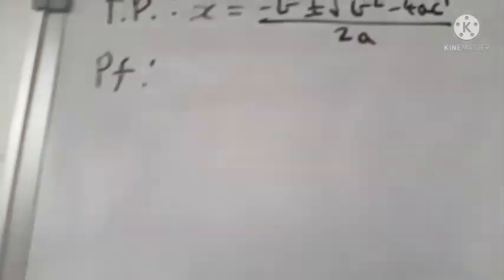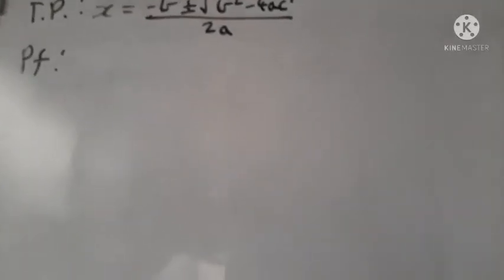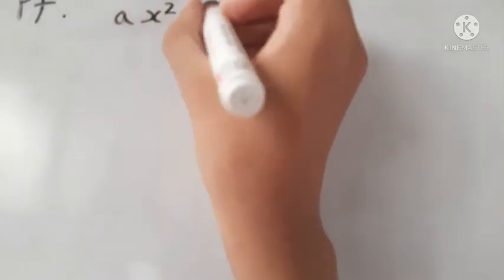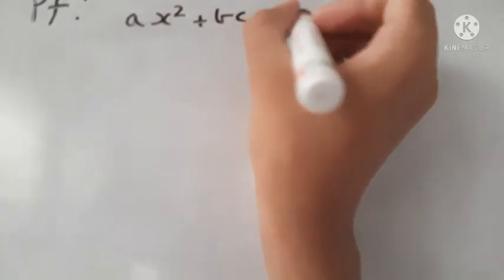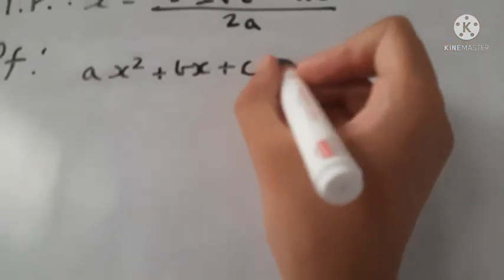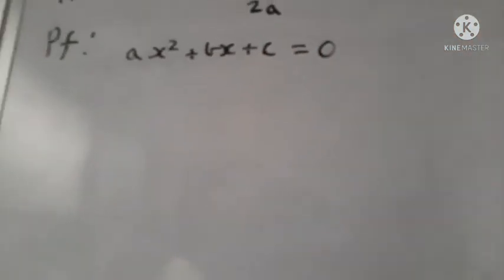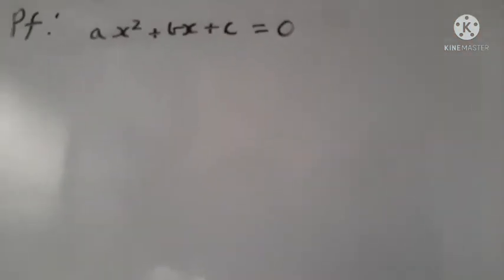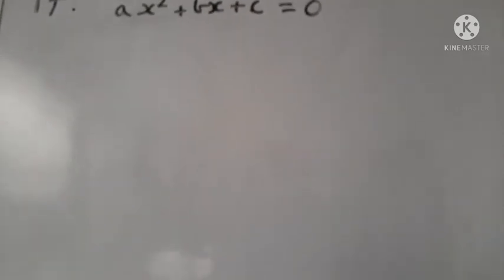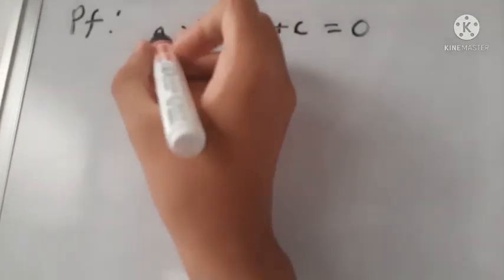Now the proof. We start out with a general quadratic equation, ax squared plus bx plus c is equal to 0. Now what we do is multiply the entire equation by 4a.